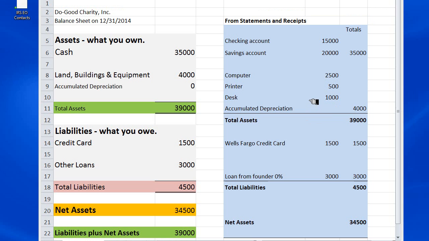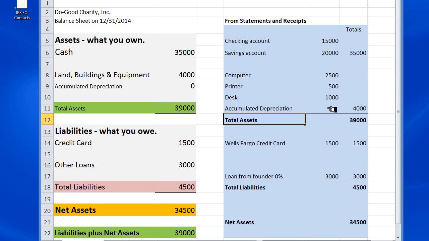So for the first year, let's say that we did not buy this office equipment and put it in service until July 1st. So in the first year, we're just going to take 6 months of depreciation. Okay, so that's going to be $800 for 1 year divided by 2 would be $400 in accumulated depreciation for the year.